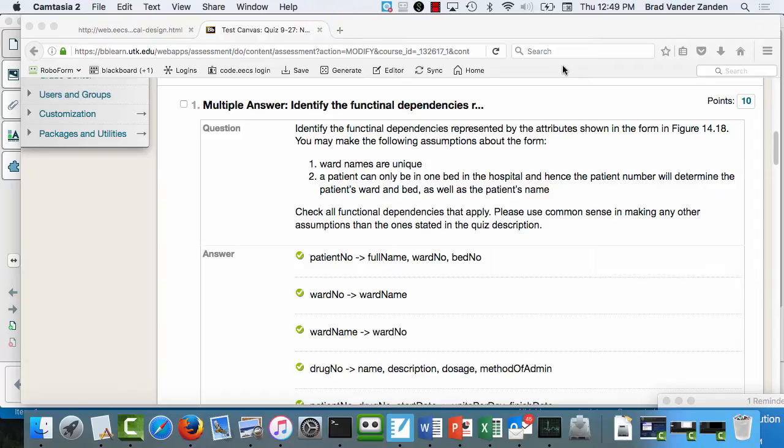And based on the information, the full name was also determined by the patient number. And then since I said that ward names are unique, the ward name would determine the ward number. And the ward number is an artificial key, so it's definitely been chosen so that it uniquely determines the ward name.